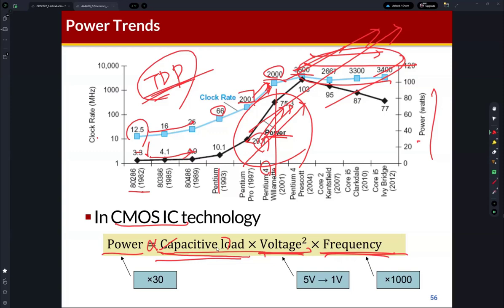So what is capacitive load? It's the total capacitance of the CPU. What is total capacitance?